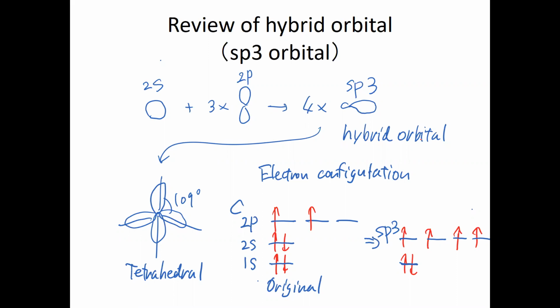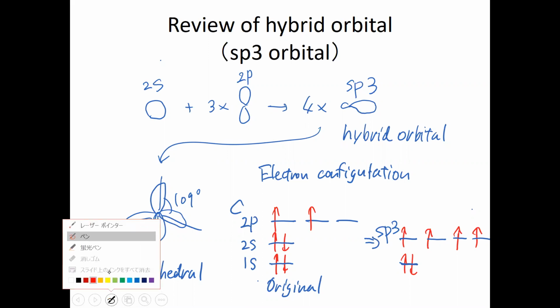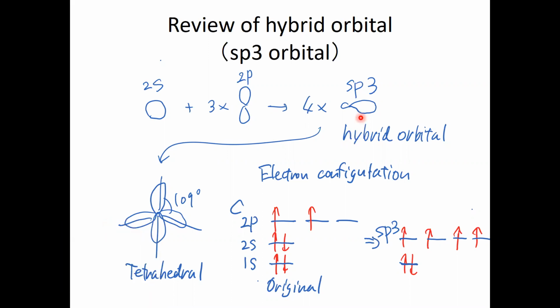Probably many of you don't think about the reason why they make a hybrid orbital, so let's think like this. The important thing is that the electron cloud is literally like a cloud of electrons, meaning the cloud is very soft and squishy, so it can easily change its shape. The key point is that the electron cloud can easily change under each environment.